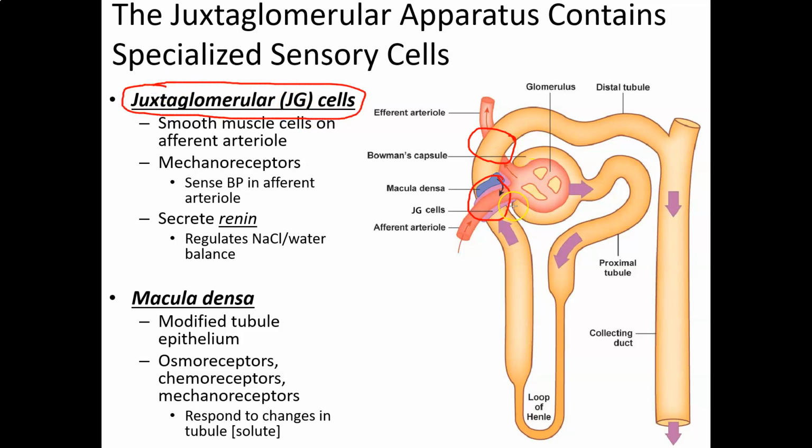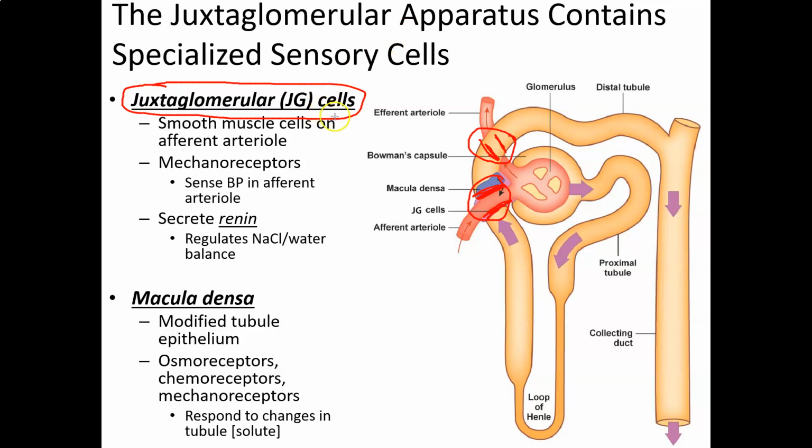And if you look, they are right here in the pink. So I'm going to go ahead and kind of draw them in. Notice they sort of line right along the arteriole. There's also some up here, although they don't show it. And they touch the distal convoluted tubule.